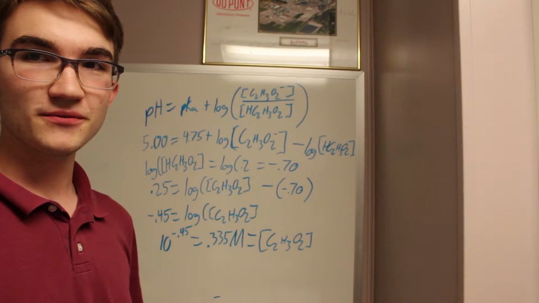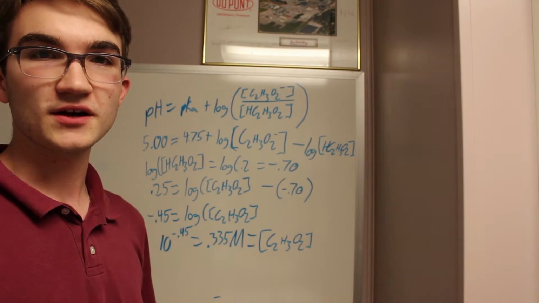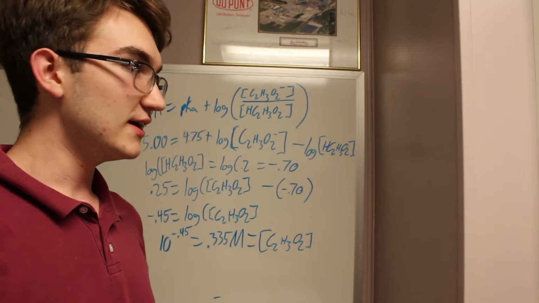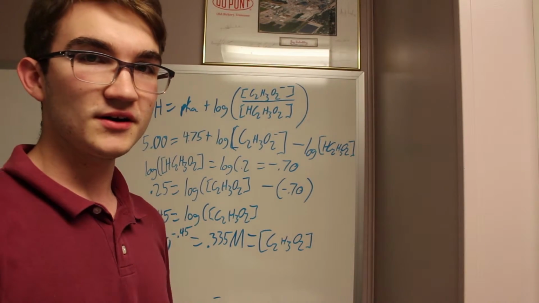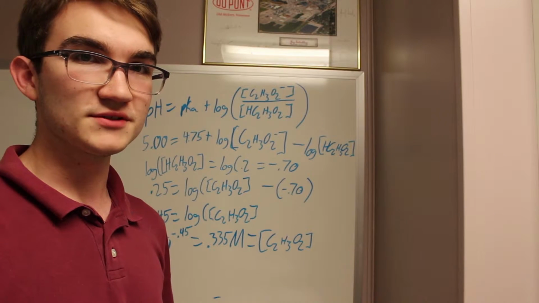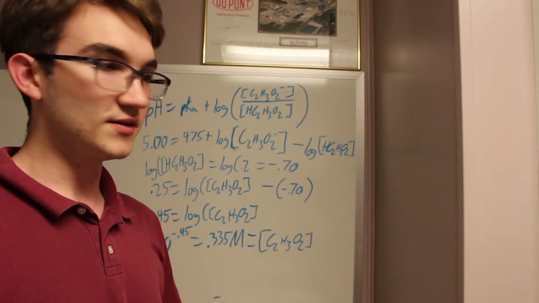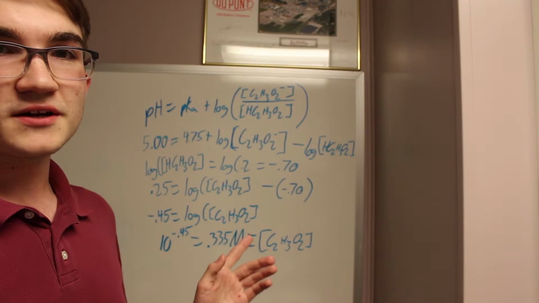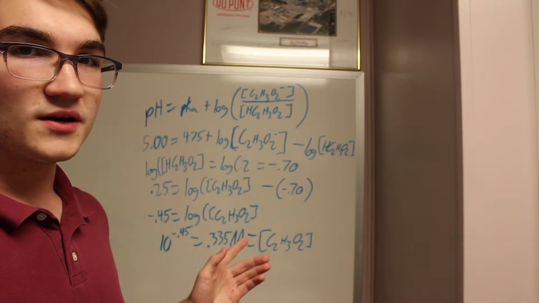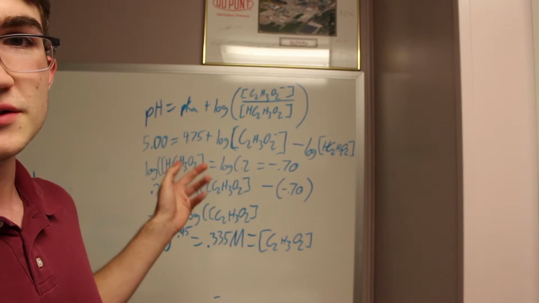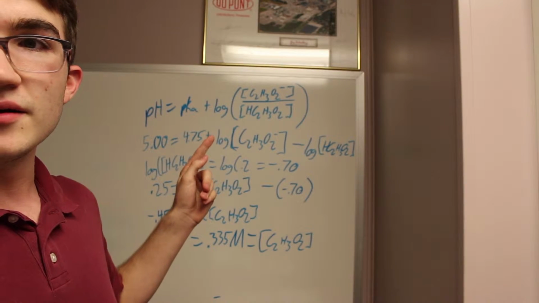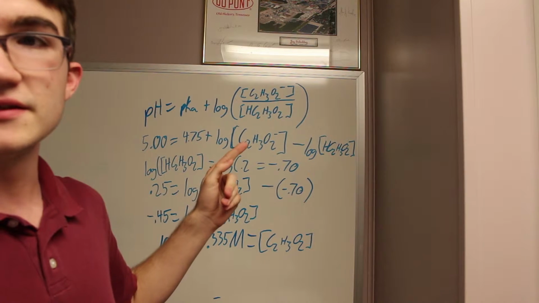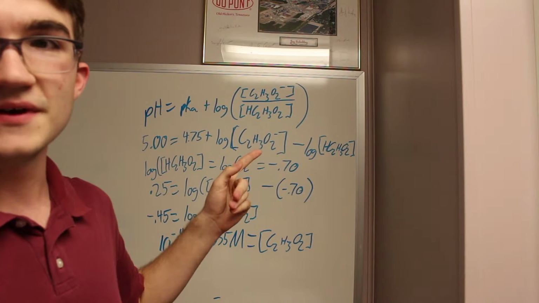Alright, to start off with, we determined the concentration of the acetate in this solution. I'll get to determining the grams in just a second, but this is the part that we just learned. So, using our Henderson-Hasselbalch equation, we can set up pH equals pKa plus the log of the acetate over the acetic acid.